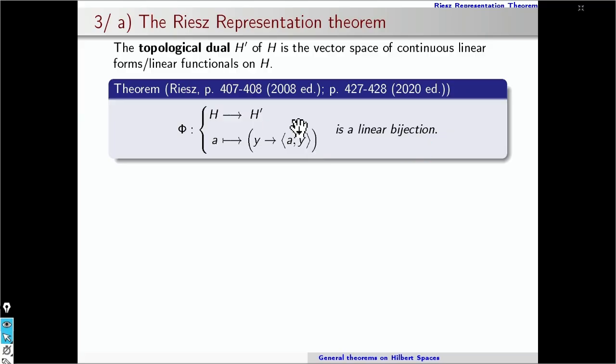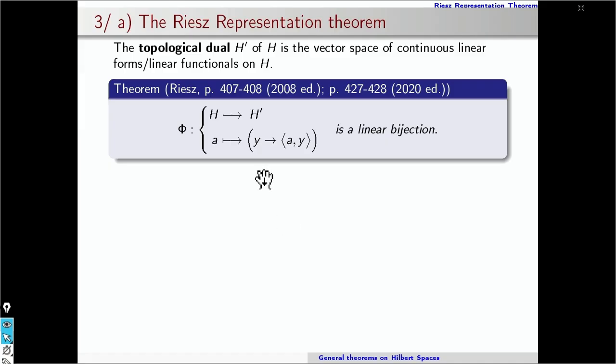It means that every continuous linear form can be written in this way. In fact, one can endow H prime with a Hilbert space structure using this map capital Phi, and we usually say that it is an isomorphism of Hilbert spaces. So there's an identification between a vector and a continuous linear map.